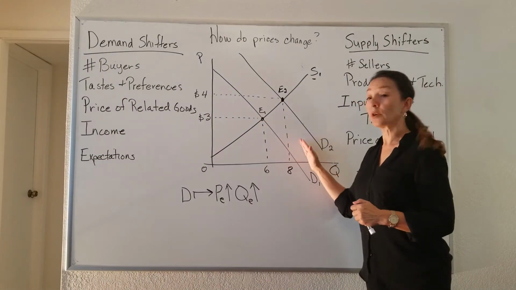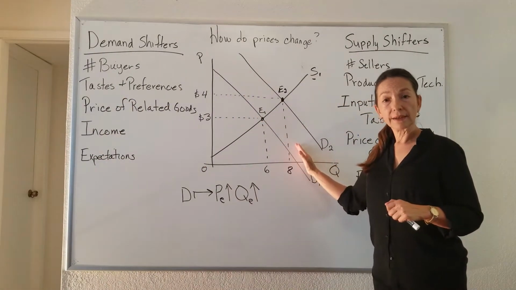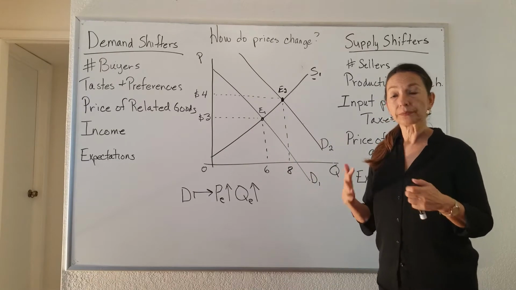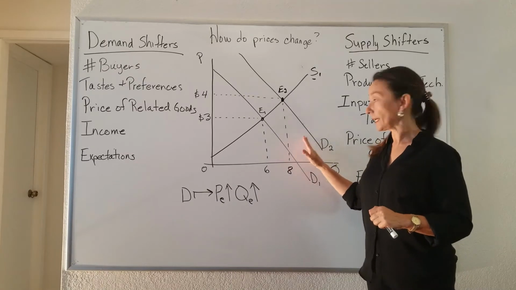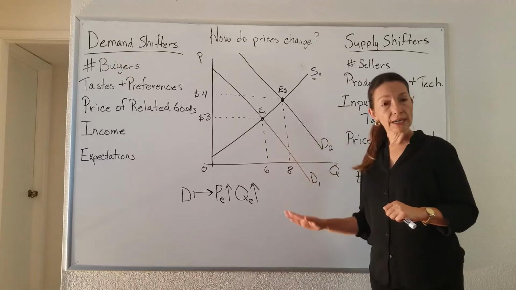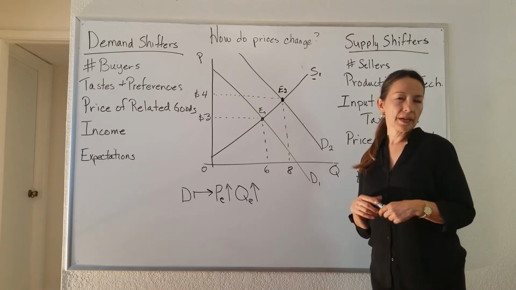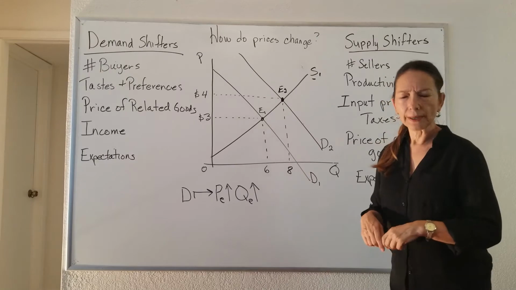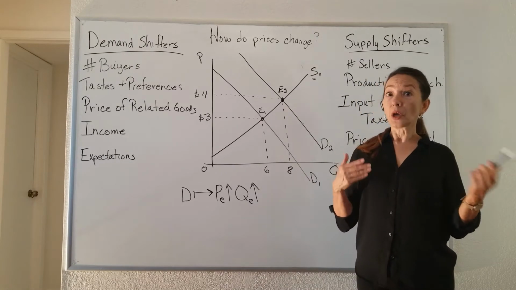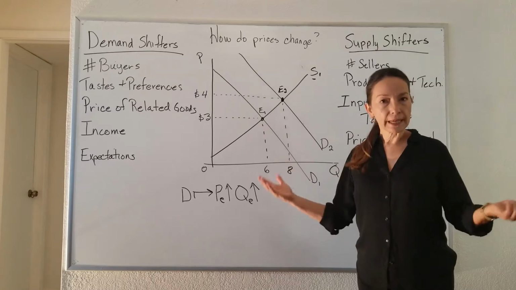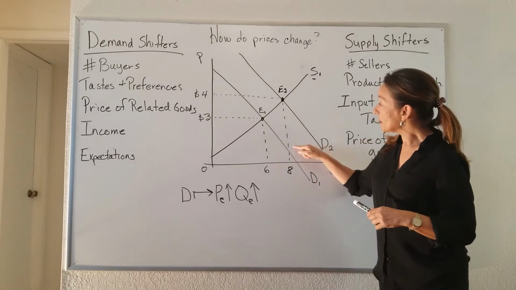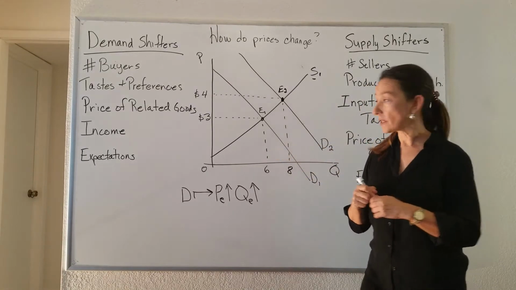Anytime demand for a product shifts to the right, price goes up and equilibrium quantity increases as well, assuming this is the only shift. Now, let's say that demand for ice cream decreases. Maybe it's discovered that, as I mentioned before, ice cream is not too good for you, or maybe yogurt is very trendy, or something else happens, and demanders just don't want that product quite so much. Then the demand curve is going to shift to the left.